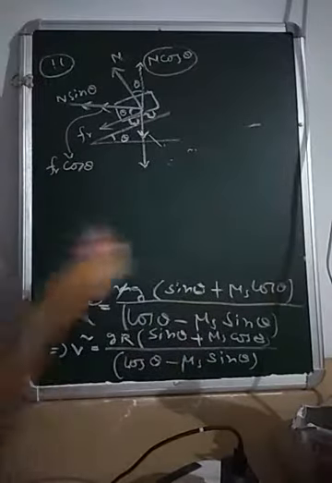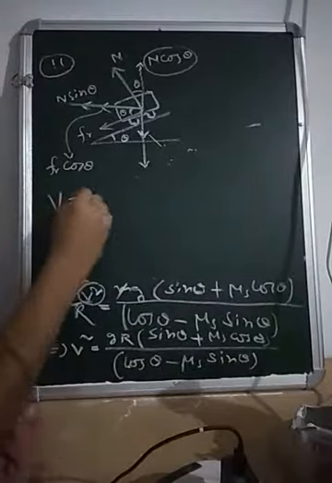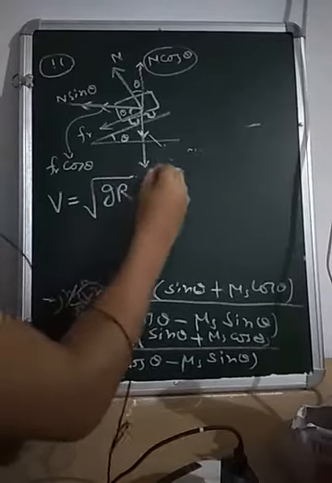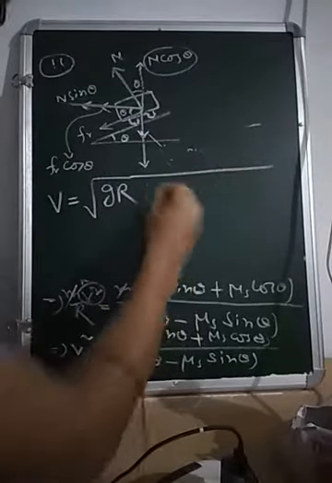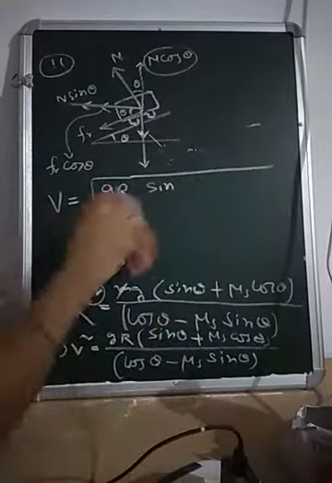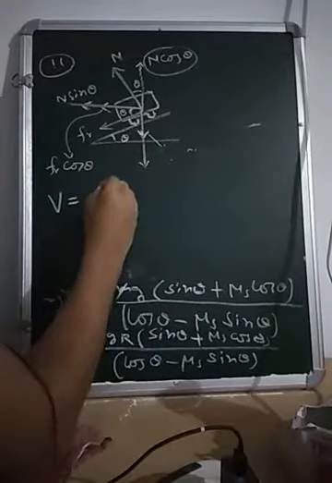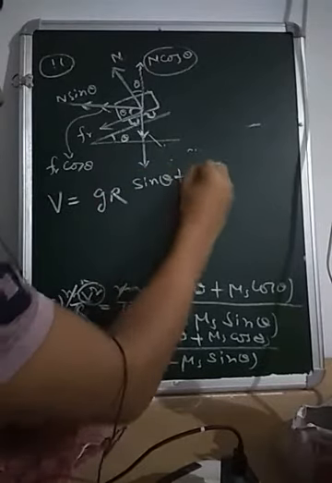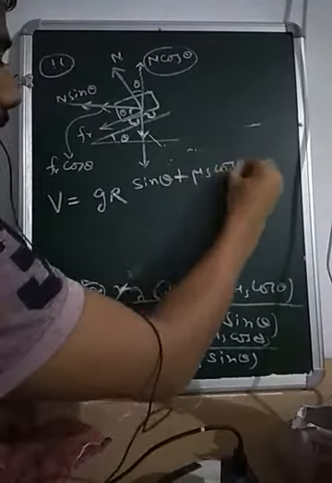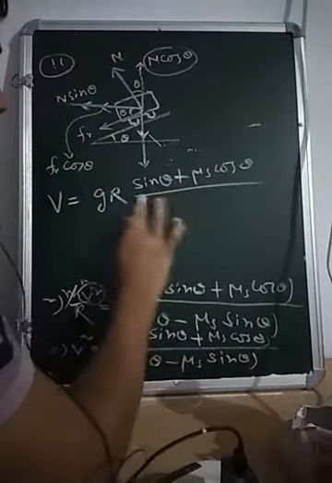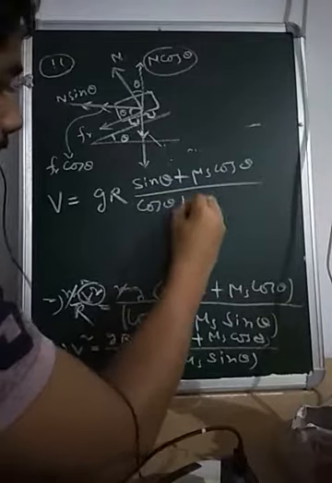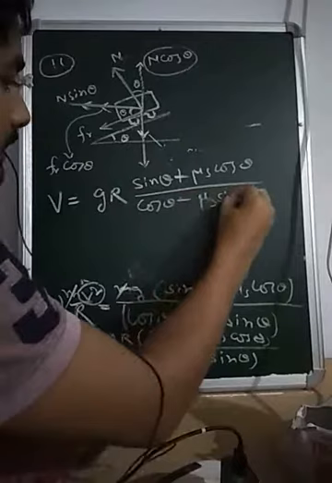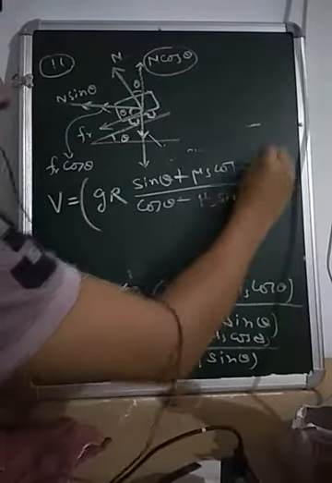Now I am having this, okay. Now what will be the v? v will be root over gr, whole into (sin theta plus mu_s cos theta) by (cos theta minus mu_s sin theta), whole to the power half, okay.